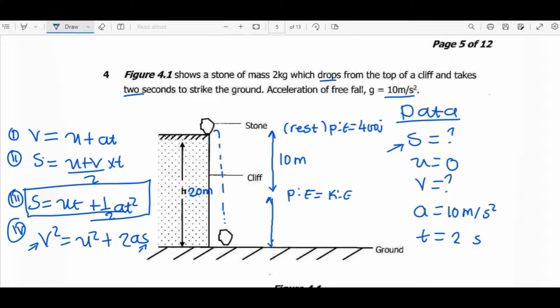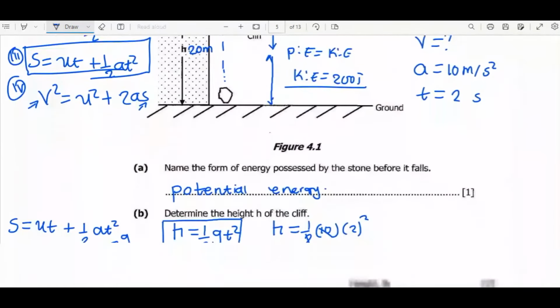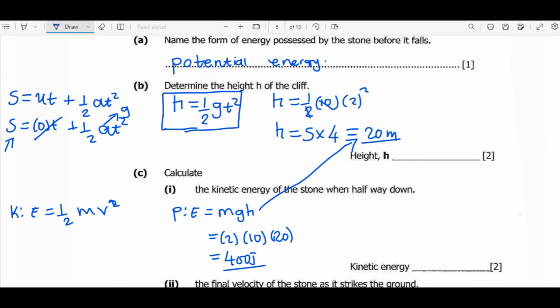In our case, this 400, half of it must be converted into kinetic, which is 200. So at this point, when it moves halfway, the kinetic energy must be equal to 200. So that is our concept here. So we have 200 as our final answer.